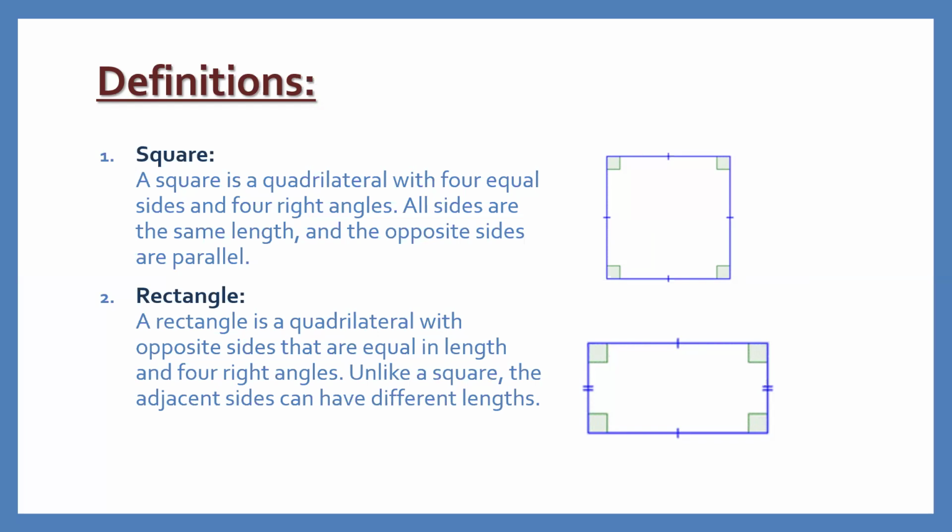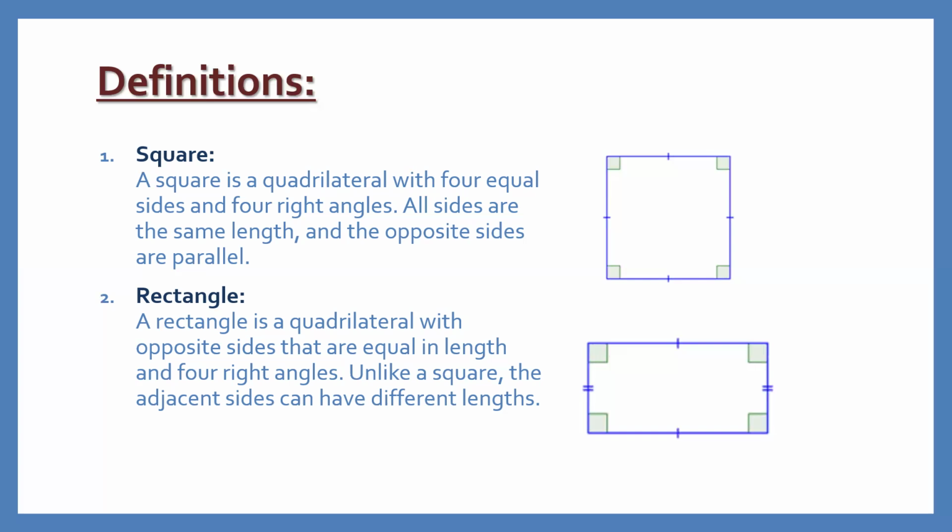So, what is the square? In the figure, see that all four sides are equal to each other, they have the same value. It is represented by the small dash on the four sides, and all four angles are also equal to each other, and they are right angles, meaning 90 degrees. Second, rectangle.